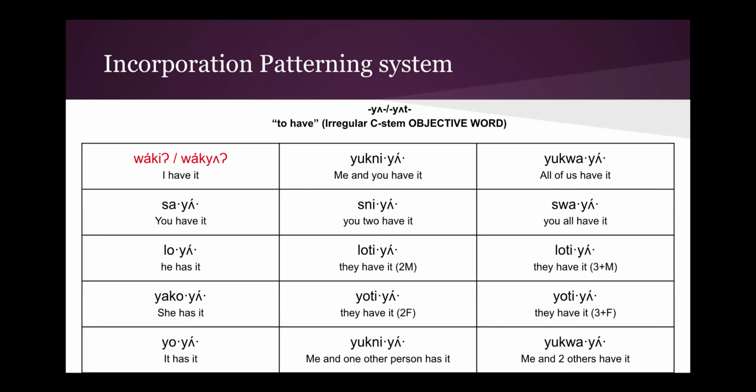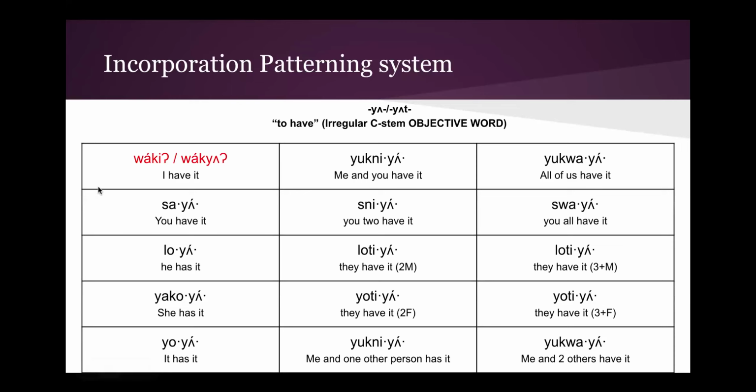The noun's going to go here in the middle after the pronoun and before the verb root, and the joiner is going to come along with it. This slide shows you how that verb root to have changes, and it uses our pronoun patterning system that we learned about in classes past.